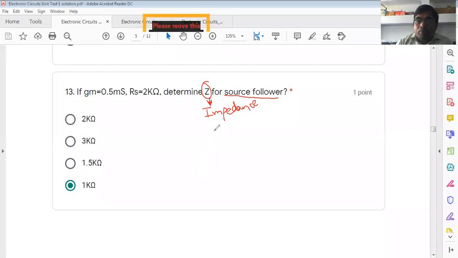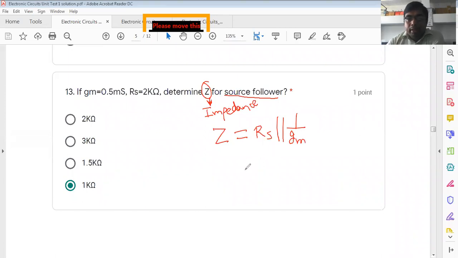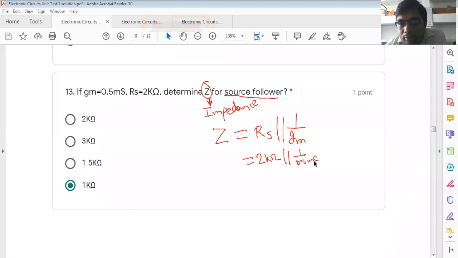So what is the formula of Z for source follower, common drain? It is RS parallel 1 upon gm. Here RS is 2 kilo ohm, parallel with 1 upon gm, which is 1 upon 0.5 millisiemens. What does that give?